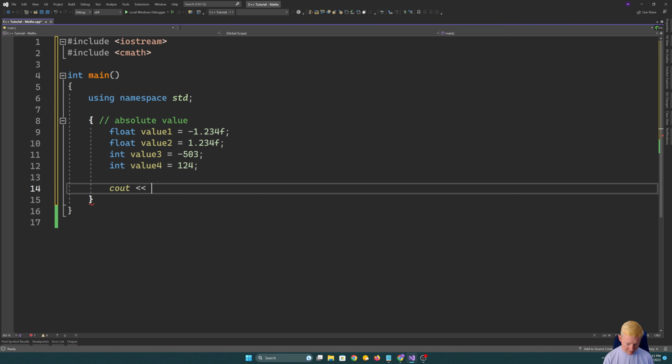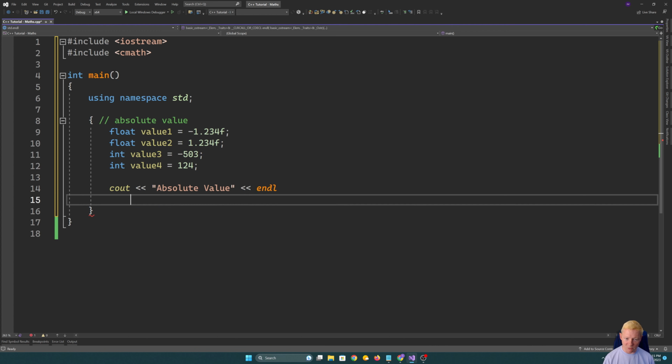So let's test this out. We've got absolute values, and nicely now we can just use endl directly like that. So we'll have value 1, and then we can do abs of value 1, and we'll put endl there at the end of that.